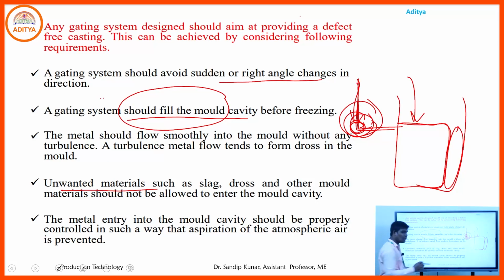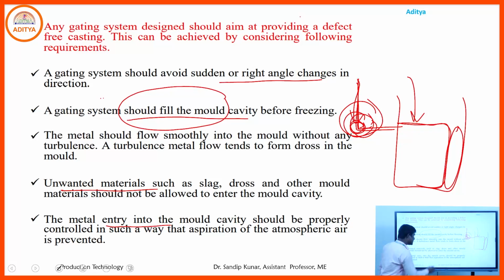Fourth, always remove unwanted metals, meaning impurities, slag, dross or other impurities. For their removal, we use a strainer in the pouring basin. Otherwise, those impurities will be added to the casting product.